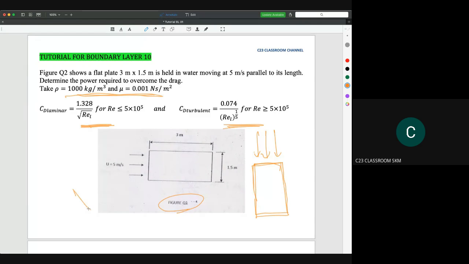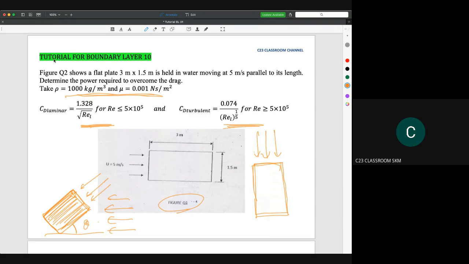Even though, for example, your plate is like this, inclined with a certain angle here, if the flow is parallel with the plate, there are no changes in the solution. Unless the flow is horizontal like this and your object is inclined at a certain angle like this, then you need to do some integration. This is actually not the syllabus of fluid mechanics 2.